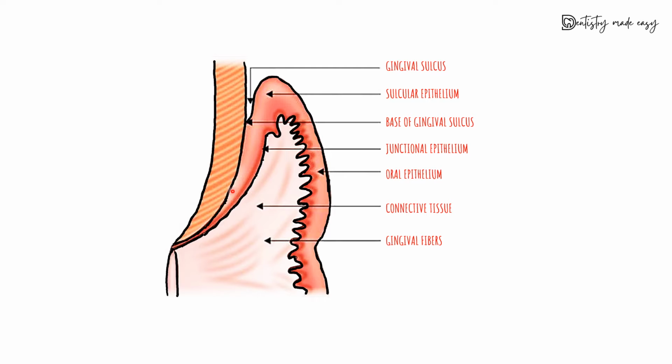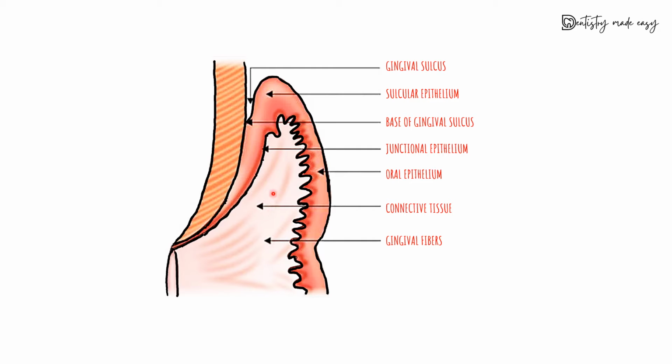As the name suggests, it is a junction between two things. Internally it is a junction between the tooth and the gingiva, whereas externally it is the junction between the gingival epithelium and the connective tissue. And this junctional epithelium contains a number of spaces through which the bacteria progress towards the connective tissue.